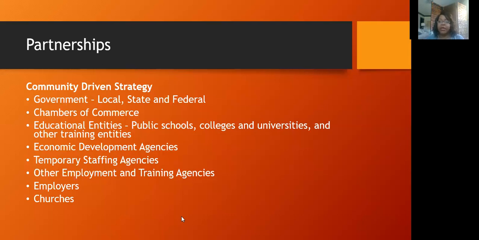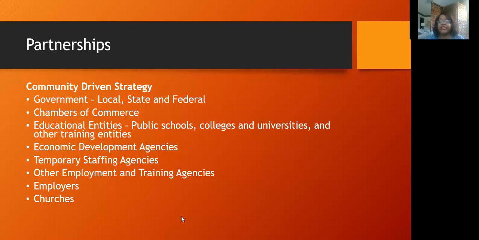And so for you as workforce development practitioners and professionals, it is imperative that you look to see how you can fill that gap and how you can address those gaps that are unfortunately getting wider and wider because of a number of different things that are happening in our nation, most of them being politics. So chambers of commerce, your educational entities, economic development agencies. Again, we talk about the critical partnership of economic development agencies in our workshop, in our online course as well.